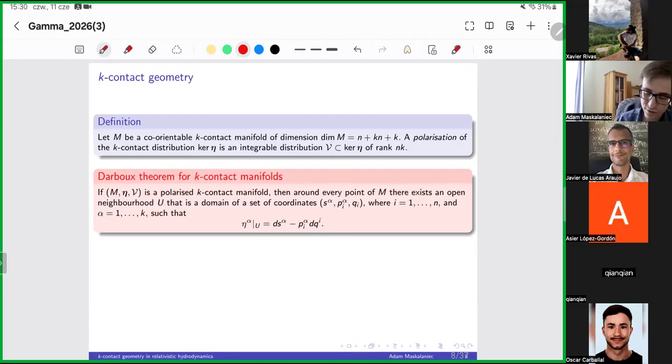And this condition is very convenient when we want to prove any theorem on K-contact manifolds, because then, assuming our K-contact manifold admits a polarization, it turns out that we have a Darboux theorem for K-contact manifolds that allows us to present our K-contact form in a very convenient, very standard way. And this really simplifies all further calculations.